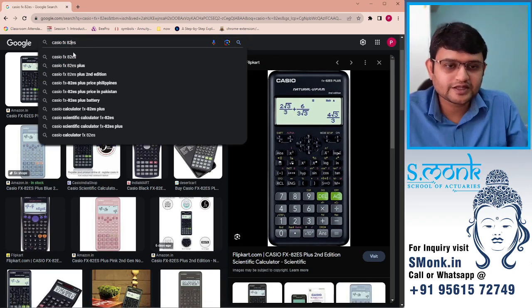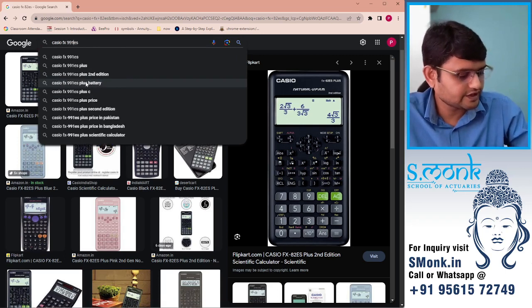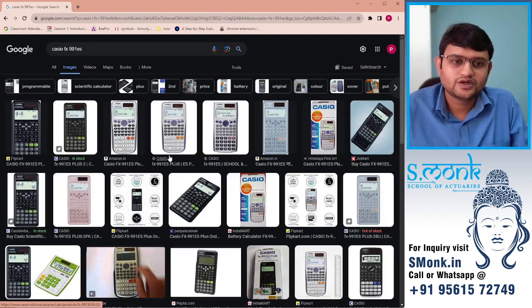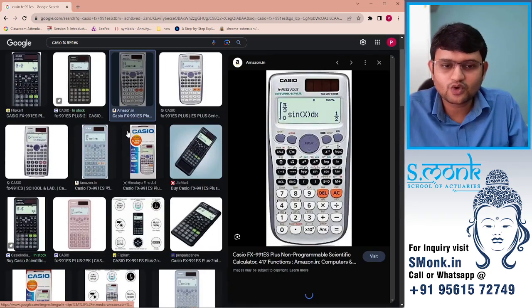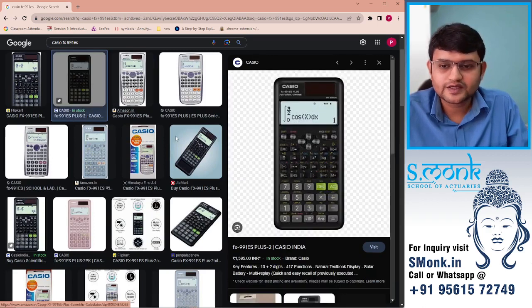And similarly, the 991 looks exactly the same, just a color difference. So you can see this is the old calculator, just a color difference from that 82ES Plus, and this is the new calculator. Okay, so a slight color difference, nothing much. So we are going to use scientific calculators.